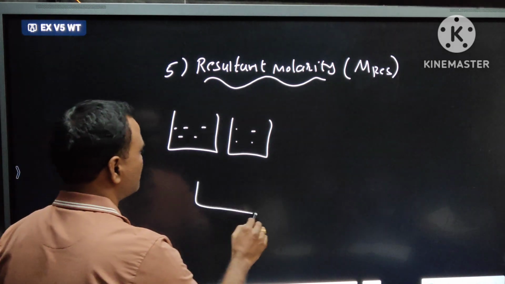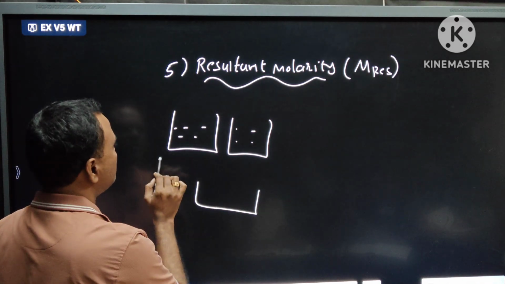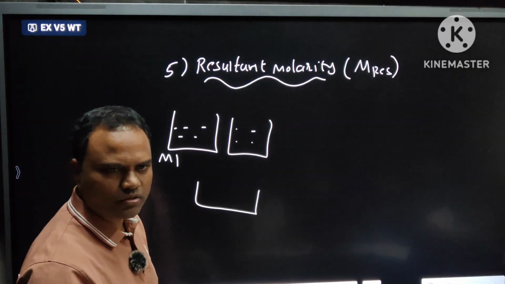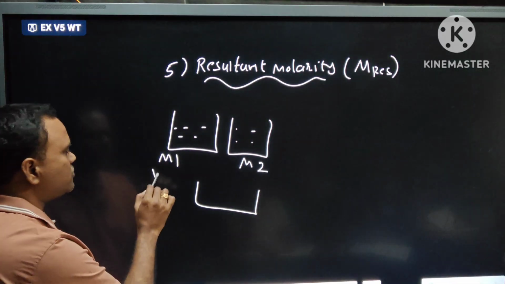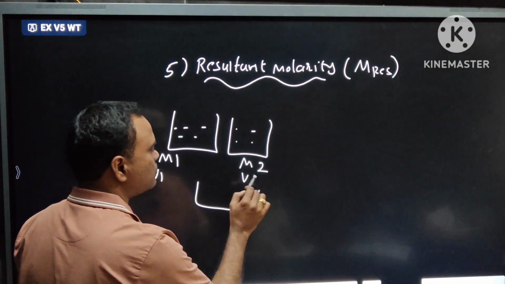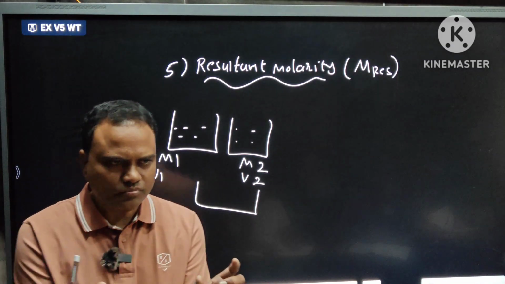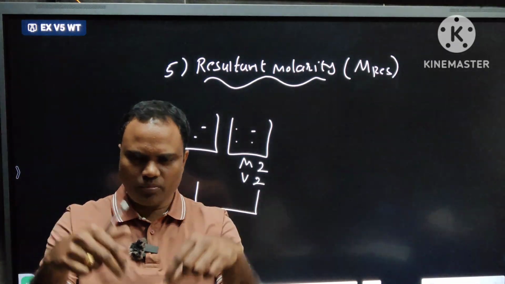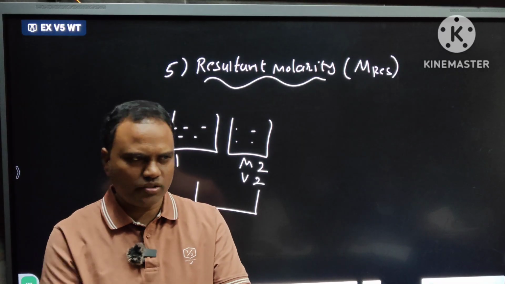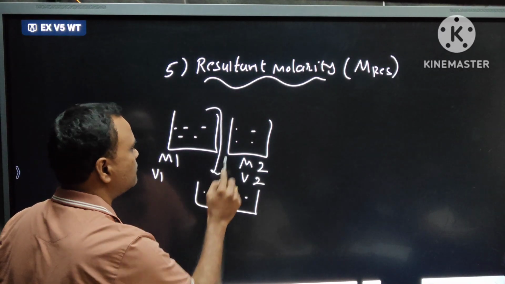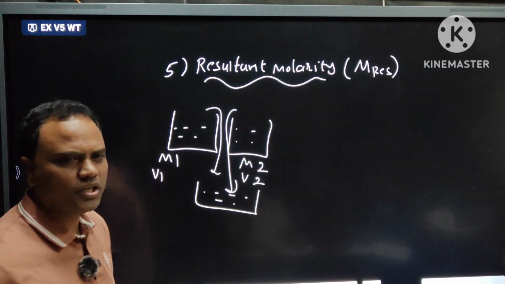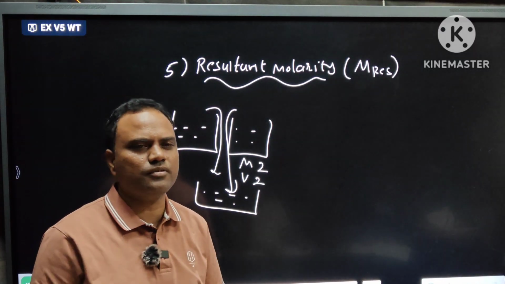Okay. Let us take one solution whose molarity is M1, another solution whose molarity is M2. First solution volume is V1, second solution volume is V2. You have two solutions. Now mix the two. You will get a new solution, right? How to calculate the concentration of this new solution?